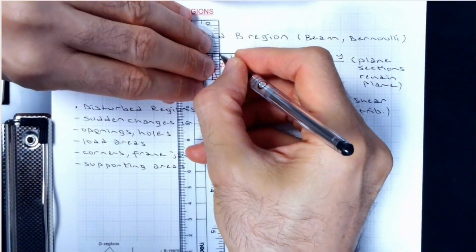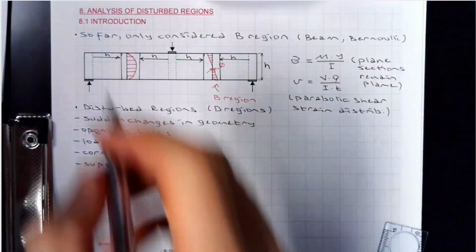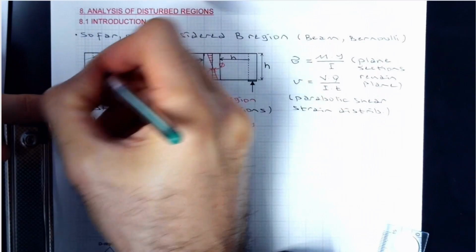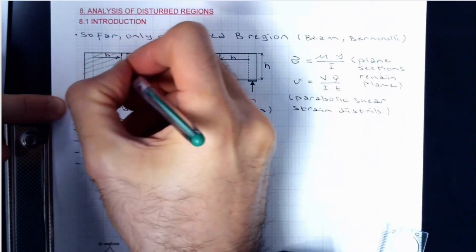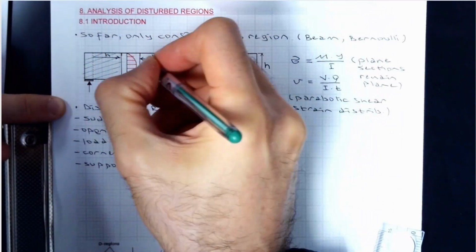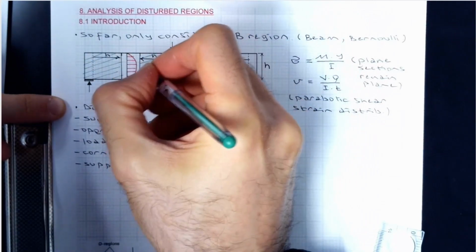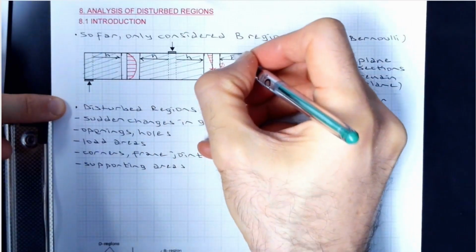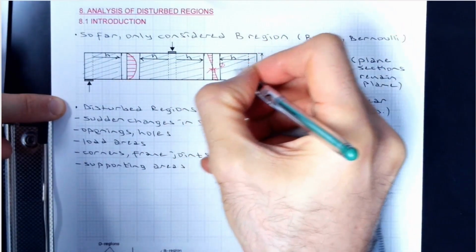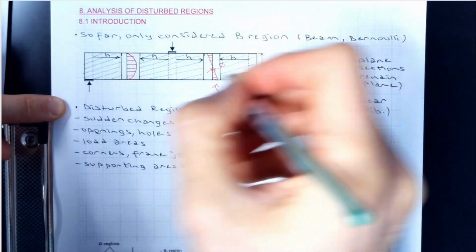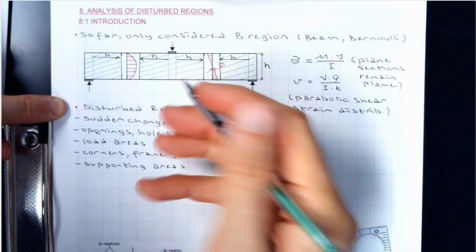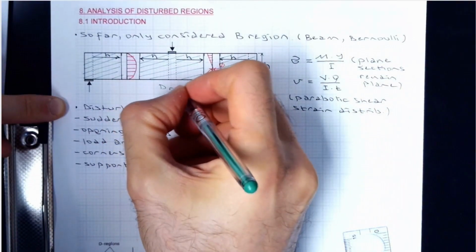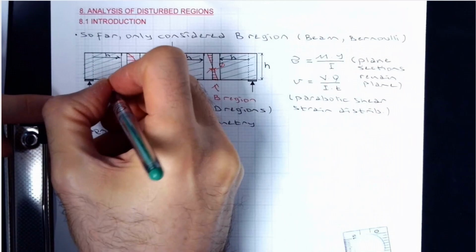So if you look at this system, there are D regions here. This is usually a little bit surprising to learners because pretty much the entire beam ends up being D region. This is also D region.